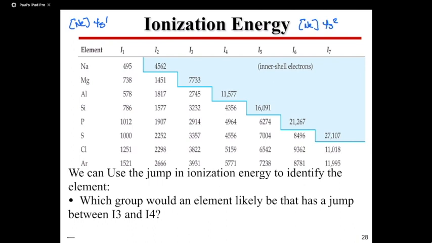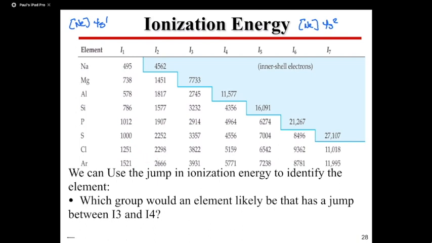To take anything else has to take from that neon, the core. And as I go through, aluminum, the first 3 are good, but taking the next one is core. Silicon, I can potentially take 4 away, but the next one is from the core. We're going to see, though, that when we get in this area, sure, there's a huge rise when I get to the core electrons, but it starts getting costly here to actually take an electron.